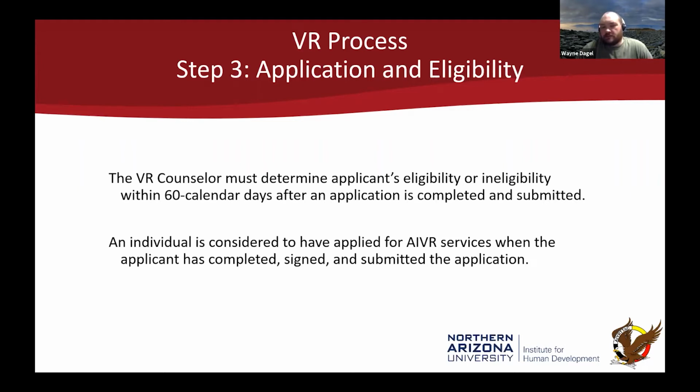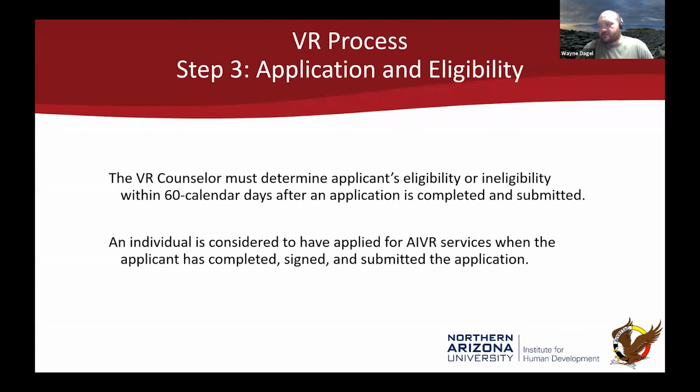So this is a huge red flag for programs that mail out their applications and the client or the consumer has a signature line and they sign it and then they forget to mail it for 3 weeks. You are 3 weeks behind the 8 ball now. You only have 4 weeks left to determine eligibility.